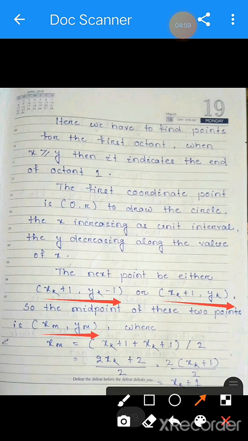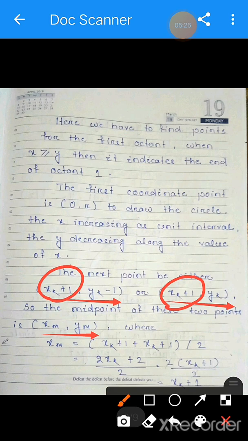How do we find xm and ym? First we find the xm value. Here it is xk plus 1 and xk plus 1, divided by 2.